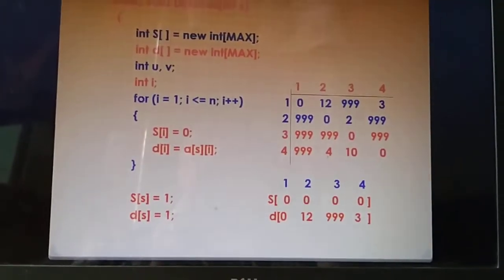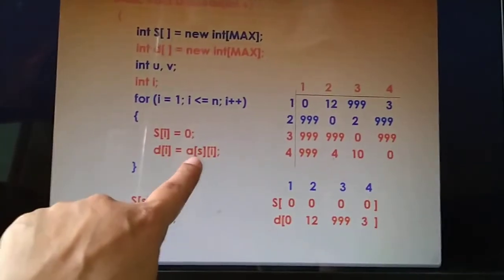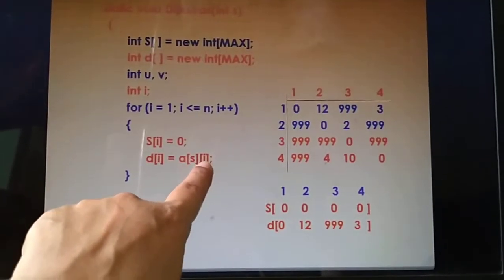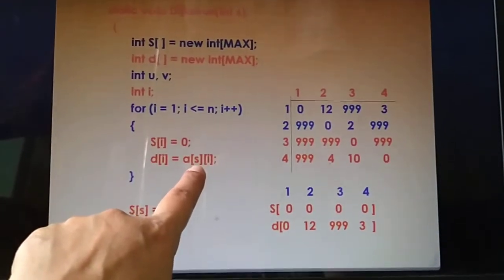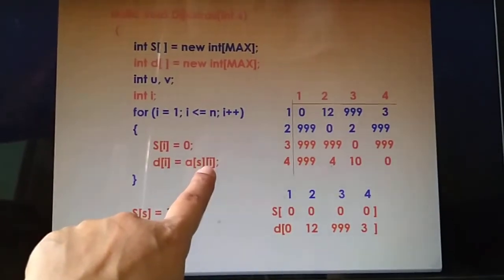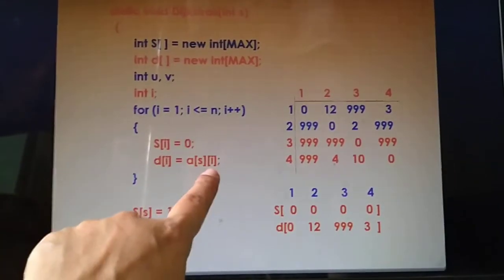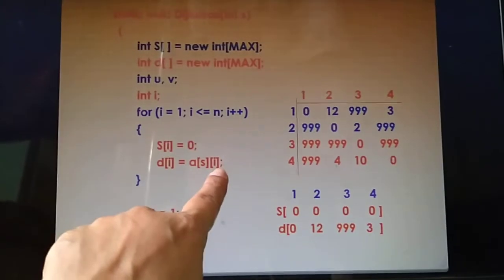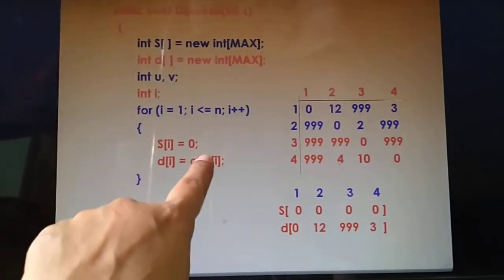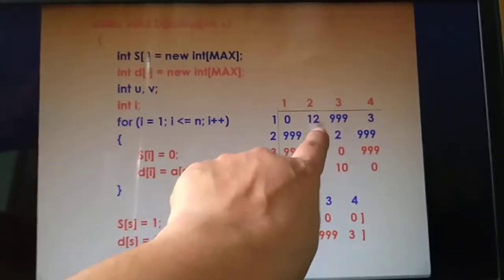What does D represent? The distance from the source vertex to each other vertex. The source vertex is 1. I start with i is 1. What is 1, 1? It is 0. Next i is 2. What is 1, 2? 1, 2 is 12.